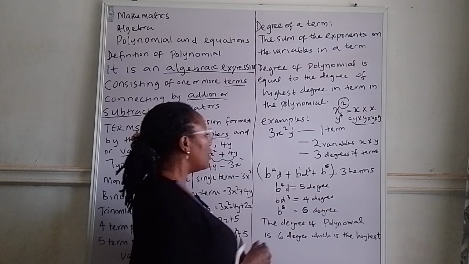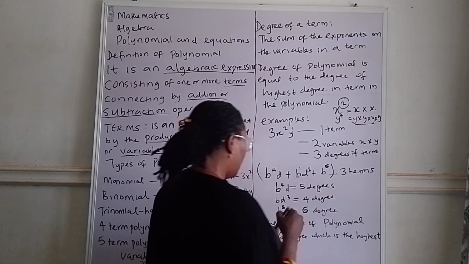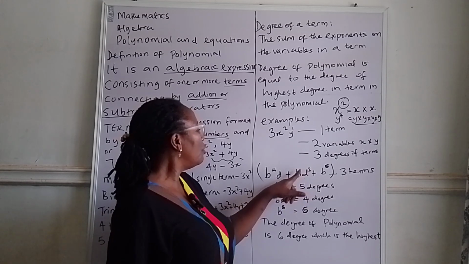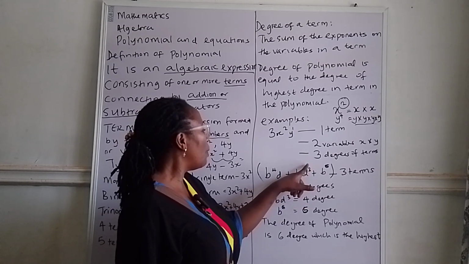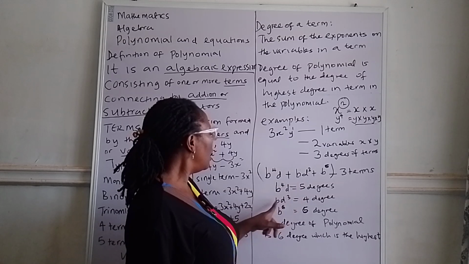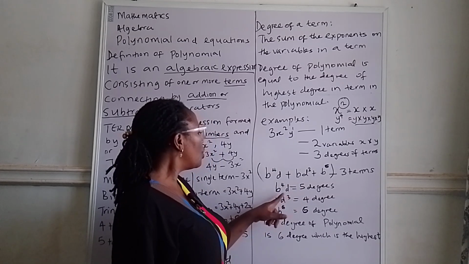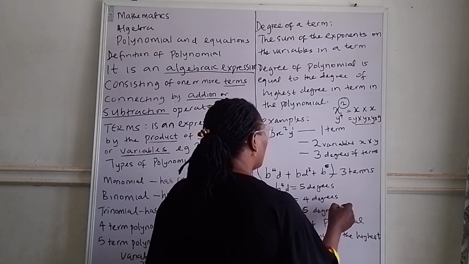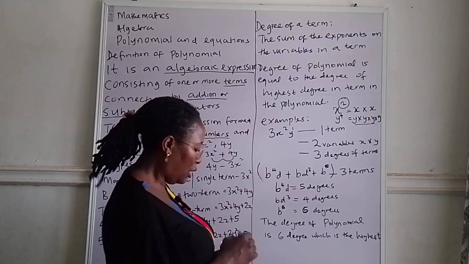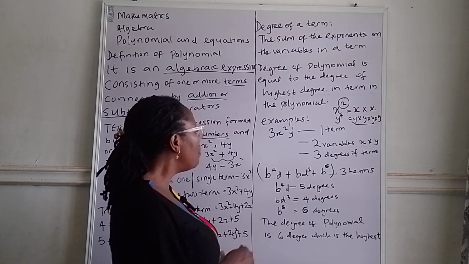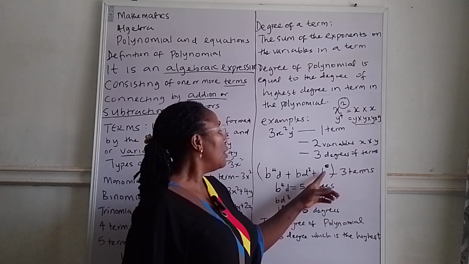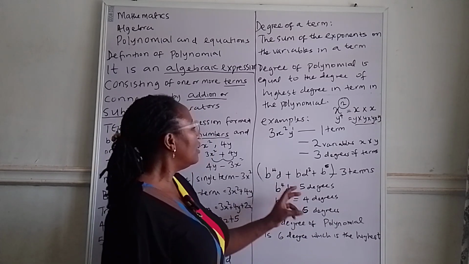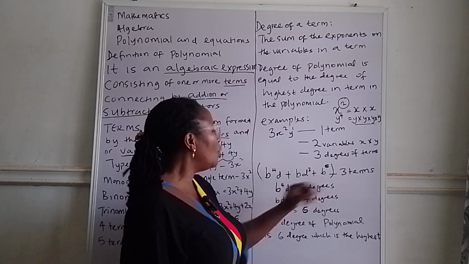In the second term, b raised to power 1, d raised to power 3. Adding 1 plus 3 gives us 4 degrees. And in the third term, we have b raised to power 6, so we have 6 degrees. So these are the degrees of the terms in this equation.